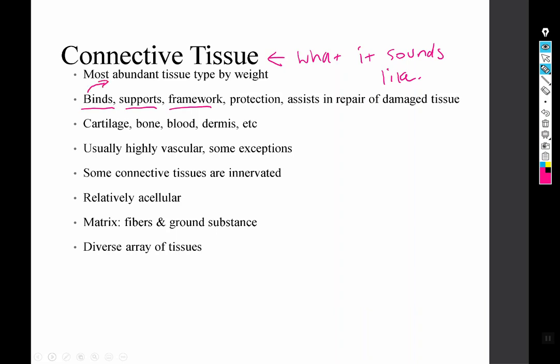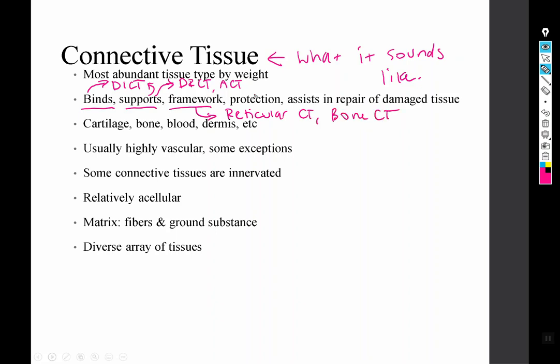So binds is going to be things like dense irregular connective tissue. Supports also does this. So does things like dense regular CT, areolar CT. Framework, these are things like reticular CT and bone connective tissue.